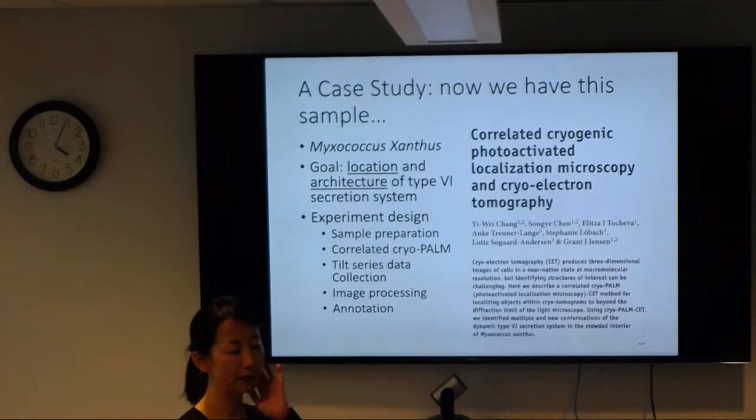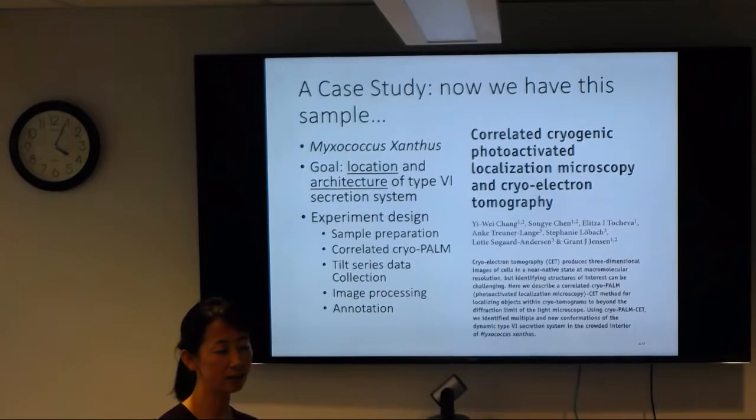So I picked up this paper. It's called Correlated PALM study followed by Cryo-EM of bacteria. The goal of the project is to find the type 6 secretion system from one bacteria.